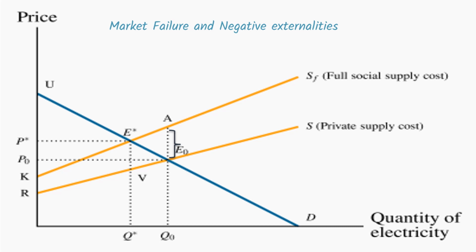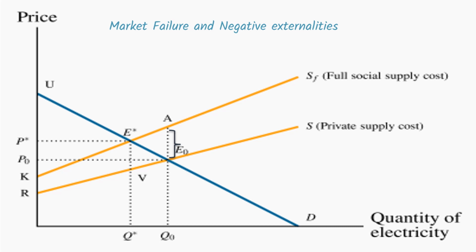Having discussed certain important concepts, now we are in a position to understand how externalities lead to market failure. As we have mentioned earlier, externalities can be negative as well as positive. But for this discussion's sake, we are going to discuss negative externalities first and how they lead to market failure.